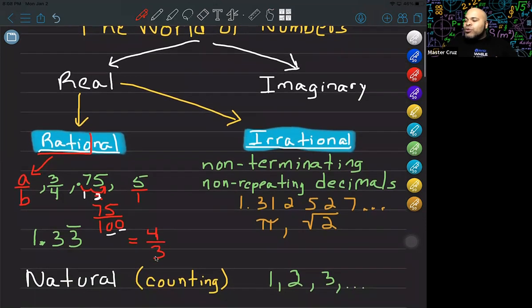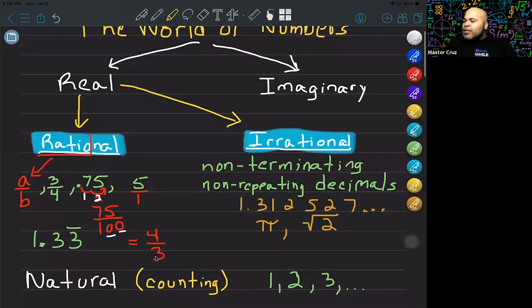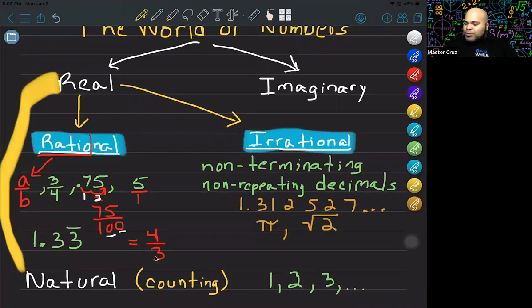Now, real numbers expand. We have subgroups of the real numbers. And these, you probably heard them in different math problems, okay? So here we go. We're going to follow the natural counting order. Natural numbers are what I call the counting numbers: 1, 2, 3. Think about somebody who lived in a cave once and needed to feed their family, right? So you have to count how many people are in your family.